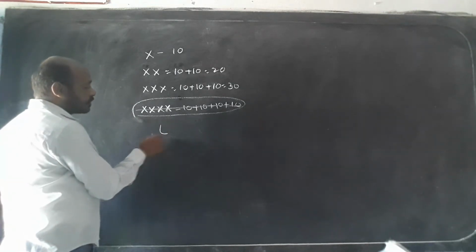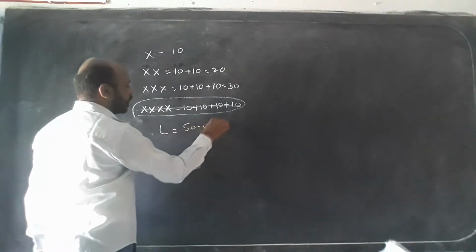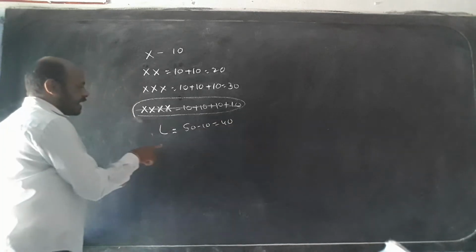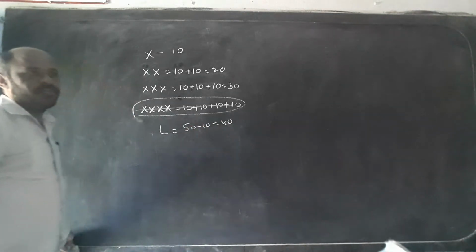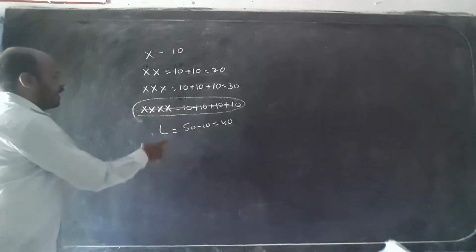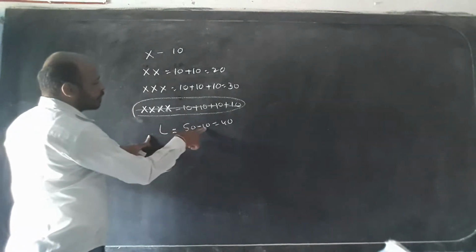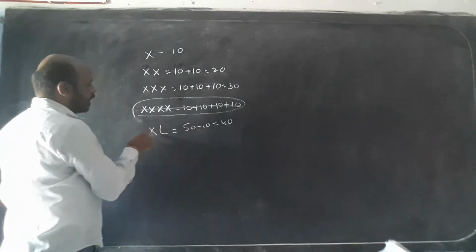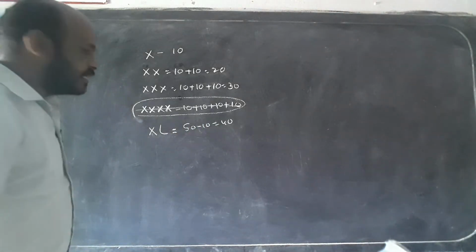Then how much should we decrease? 50 minus 10 becomes 40. See children, a bigger value is there, and for subtraction, the smaller value must be written on the left side of the bigger value. Here 10 is X, so XL becomes 40. XL value is 40.